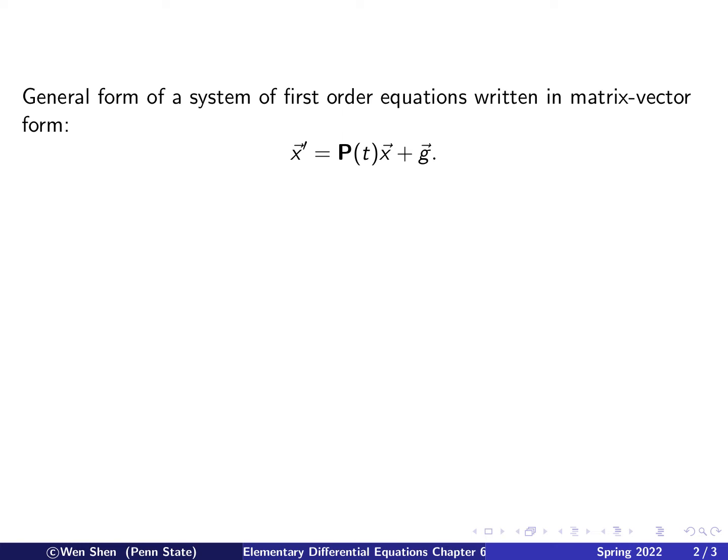If the x vector is of size n, then this is an n times n square matrix. And then G here is a vector of the same length as x. These are both given. So the equation is the following: the derivative of the x vector equals a matrix times the x vector plus some given vector.